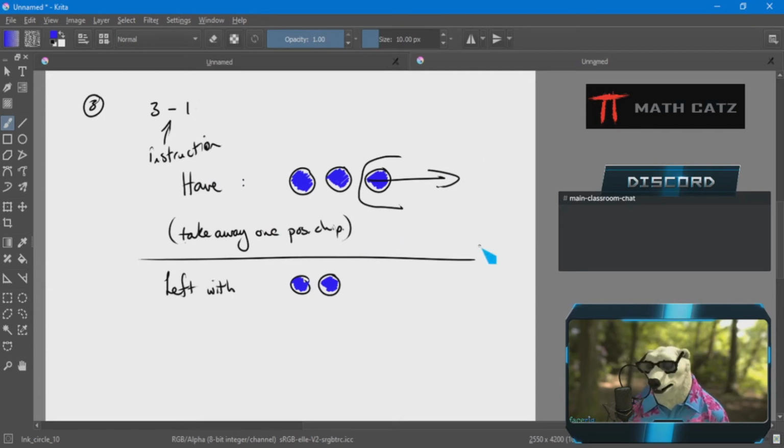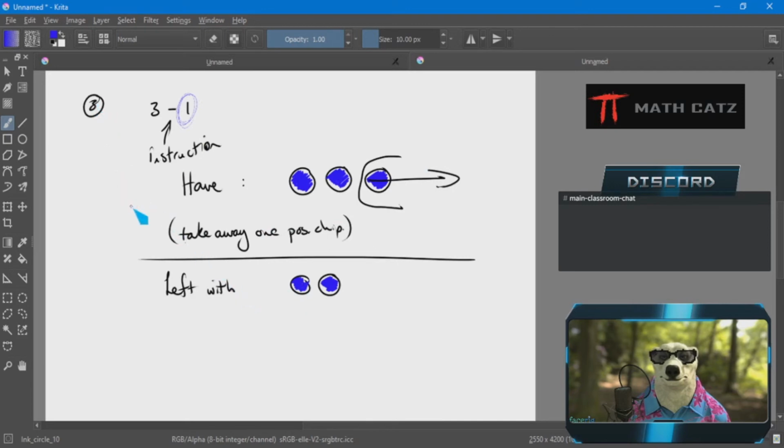But I'm trying to represent on the page as closely as possible what is happening in those acting out steps. So I like to represent the act of taking away and not list the second number. This number is never something I have separate from my initial collection.